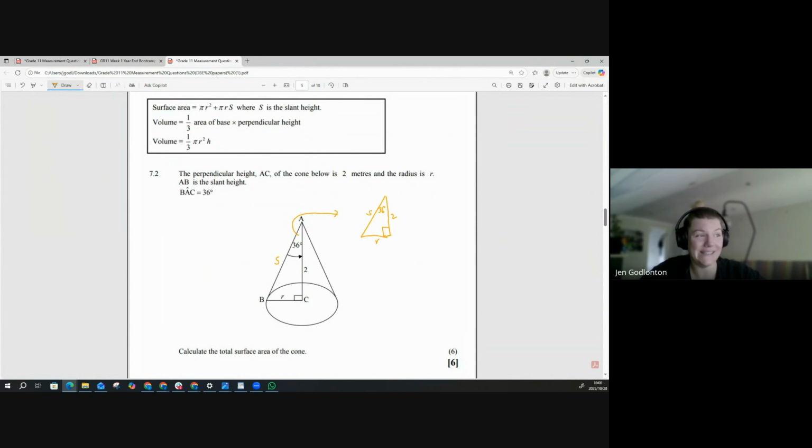So you can easily find things using your trig over here. And then you're able to get your S, which is your slant. You're able to get your R. And then you can start working these things out.